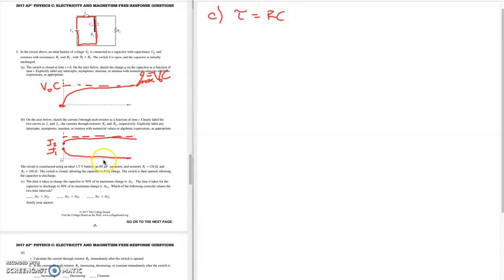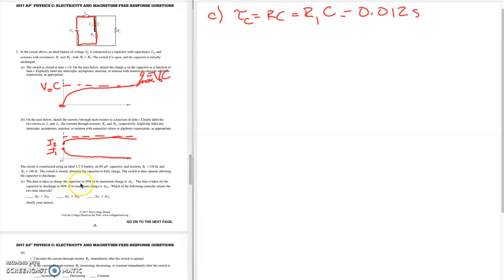For charging, resistor 2 is in parallel. It's not included in this time constant. It's resistor 1 that is included there. So for charging, we're going to have R1 times the capacitor. And when you plug in numbers, you're going to get 0.012 seconds for the time constant.